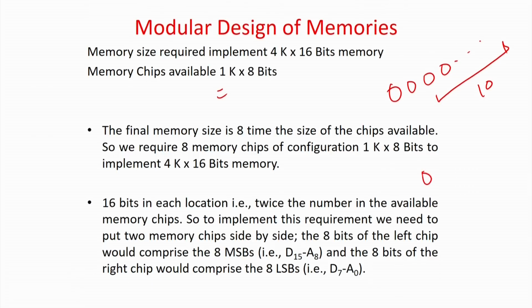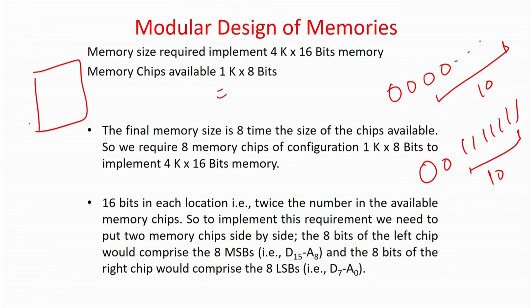Again, if it is 0, 1, then all 0s, that is the next memory block. This corresponds to the first memory block, till 0, 0, 1, 1, 1, 1, 1, 1, 1, again 10 bits. So this corresponds to the first 2 memory chips in the row.